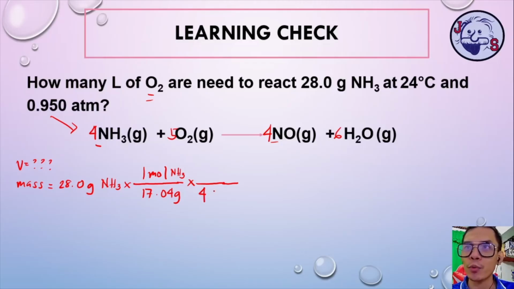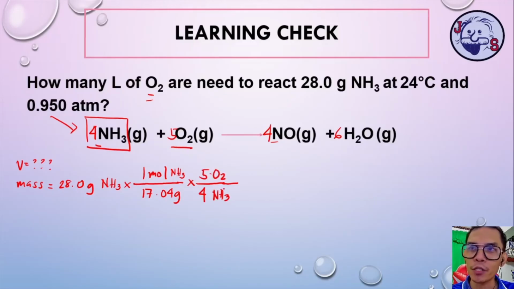We have 4 NH3 and our target oxygen, 5 moles of oxygen. We don't need to convert it into grams anymore because it's already in moles.